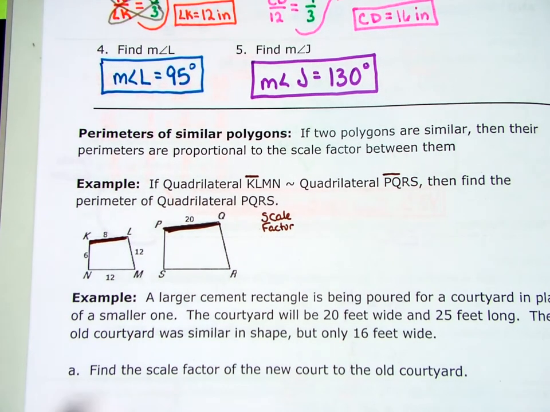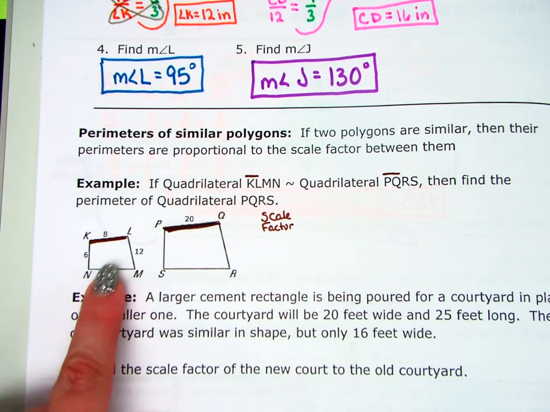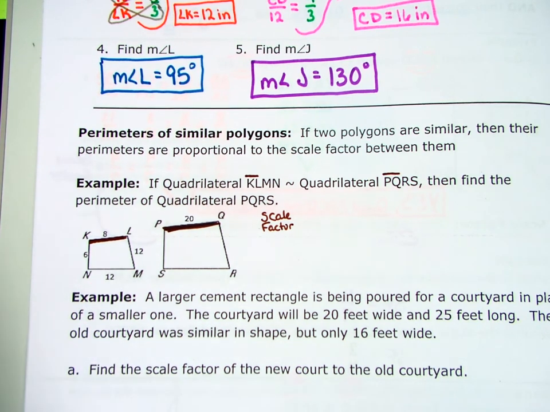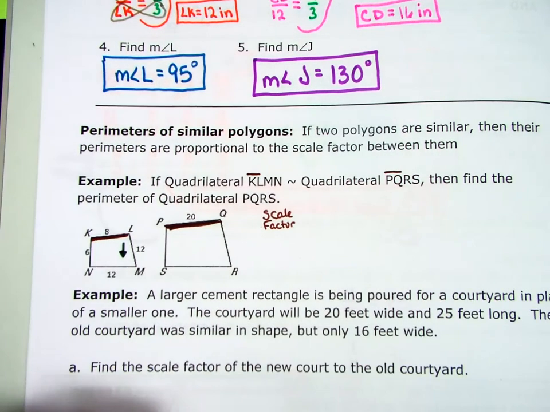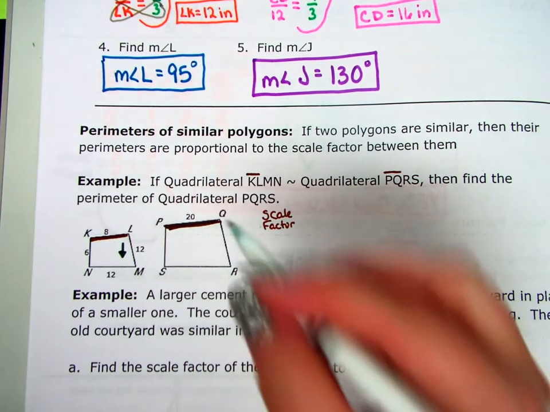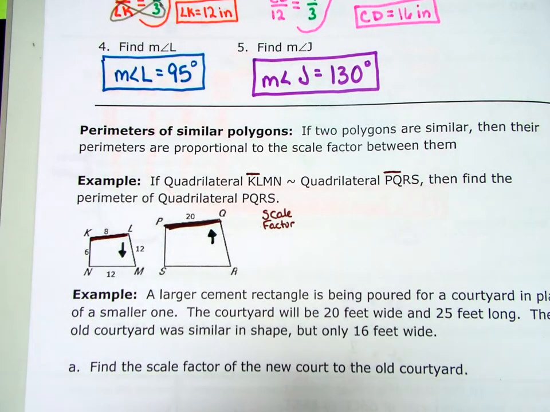Okay? So when I look at those two numbers, I need to decide what's going to be in my top and what's going to be in the bottom. Do you want to put the small one in the top or the small one in the bottom? Okay, so if I'm going to put the small one in the bottom, I'm going to put a down arrow. So remember, I'm always going to put that one in the bottom. And then I'm going to put this one in the top. Y'all are the first one today that's decided to go that direction. I like it.